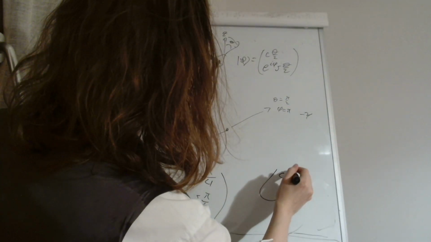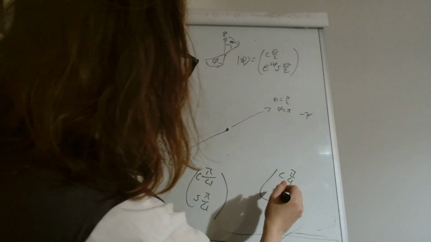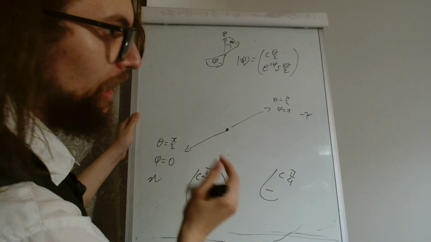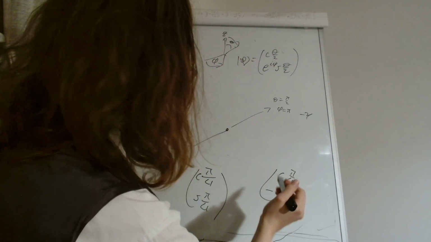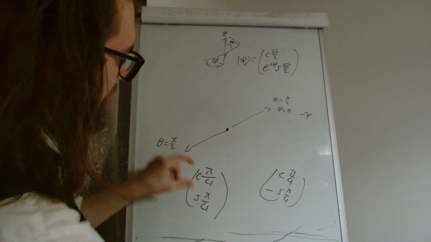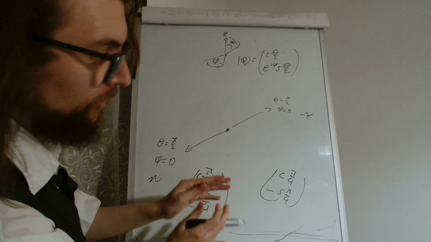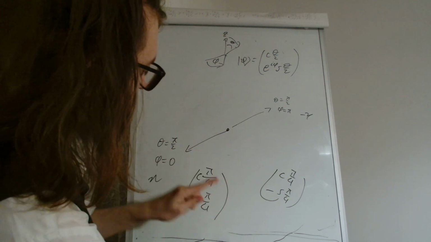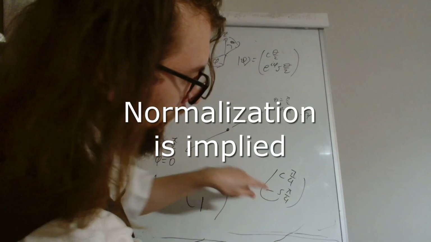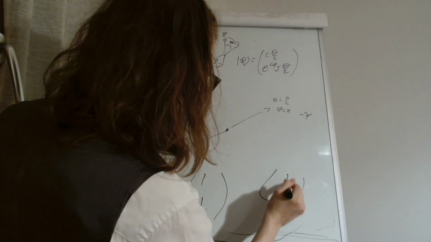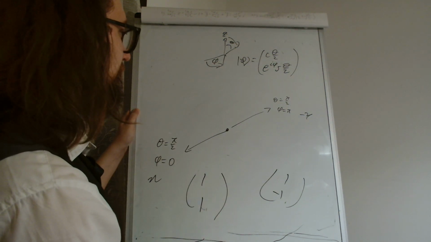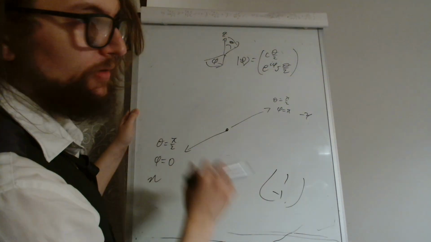Here we have the same thing, but we have a phase of pi, and e to the i pi is minus 1, the Euler identity, and so we have minus sine of pi over 4, and cosine and sine of pi by 4 is 1, and so here we have 1 minus 1, which is exactly what we got before. And so we guessed right for the x-axis.